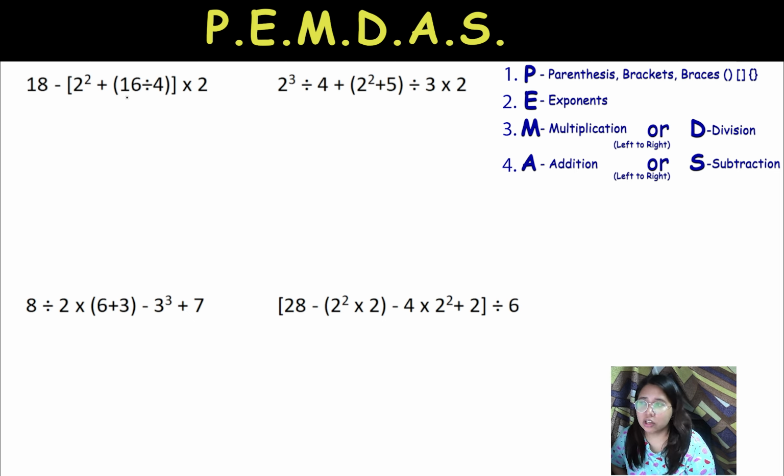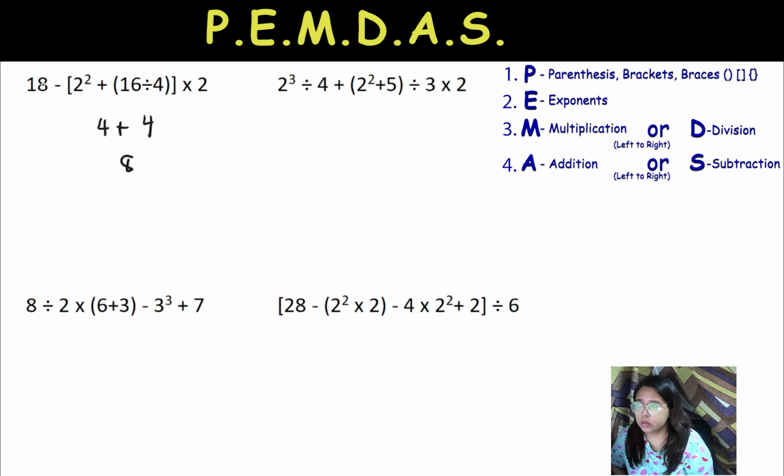Okay, so unahin natin yung nasa loob ng parentheses kasi yun yung parang pinakaloob na equation dito. So 16 divided by 4, we get 4. Then solve natin yung nasa labas naman at nasa loob ng brackets. So 2 squared, that is 4. So 4 plus 4, and that is 8.